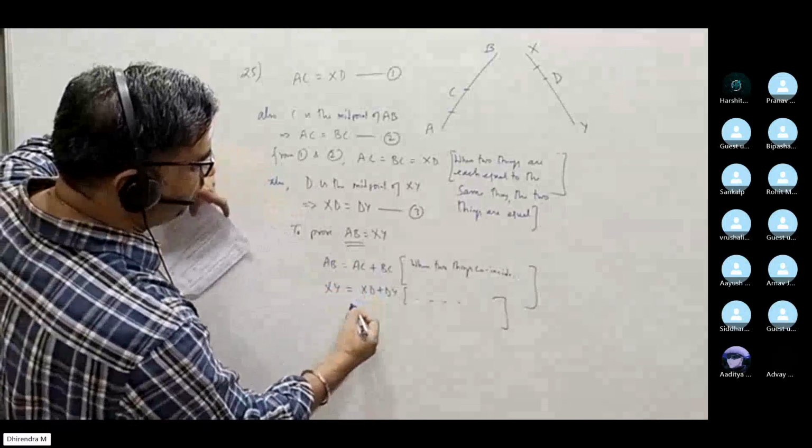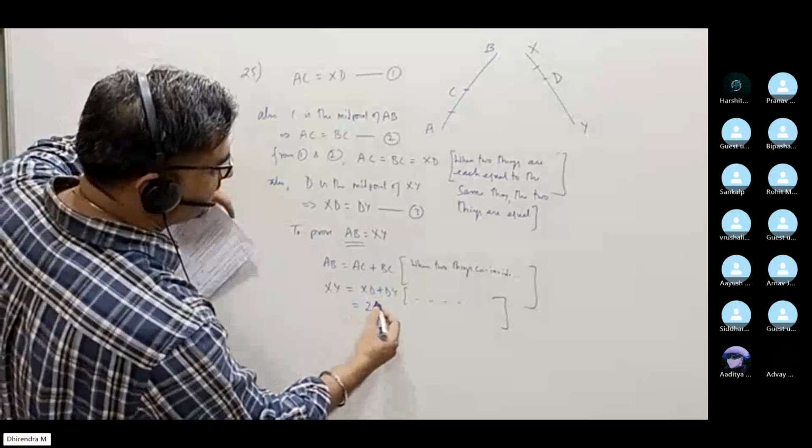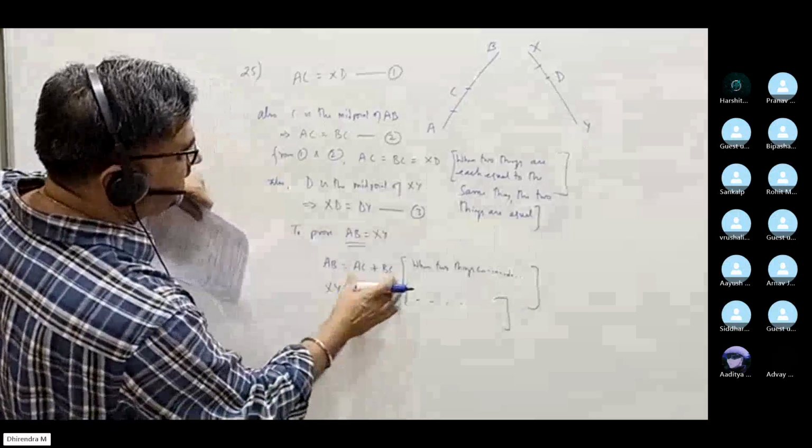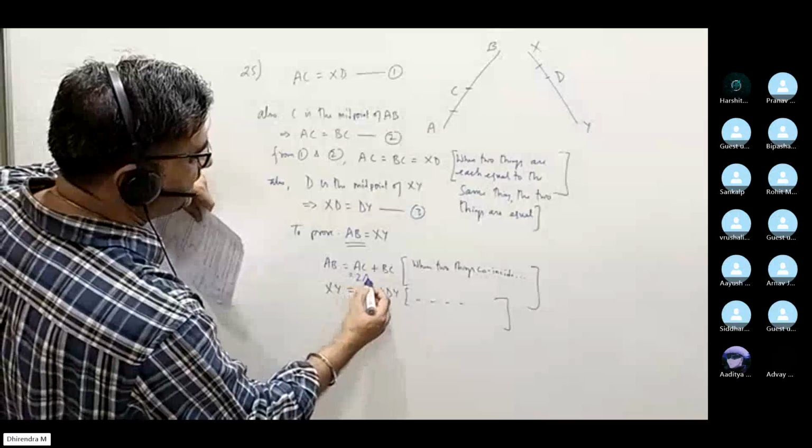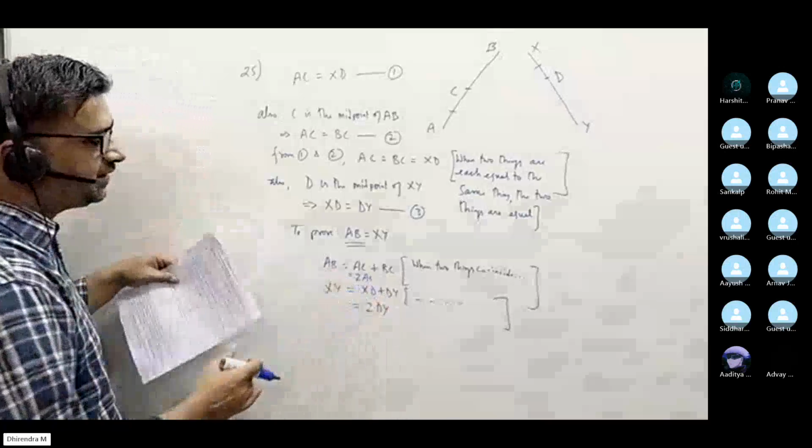And we already know that XD is equal to DY. So can we rewrite this as twice DY? And AC is equal to BC, so can we write this as twice AC?